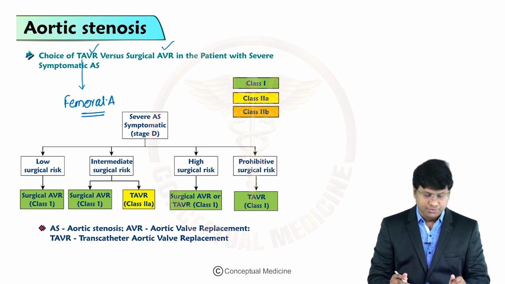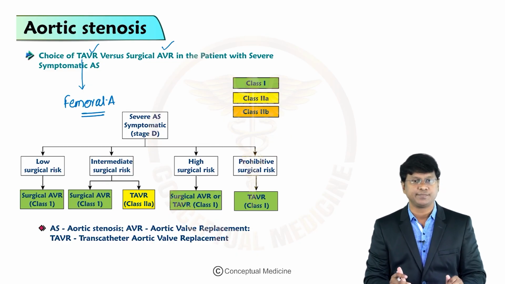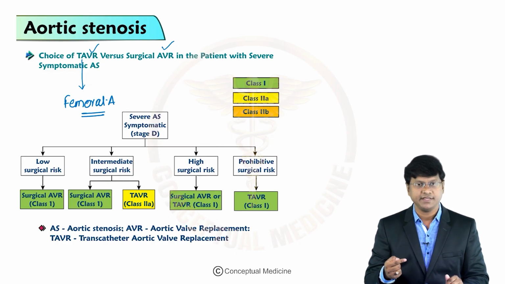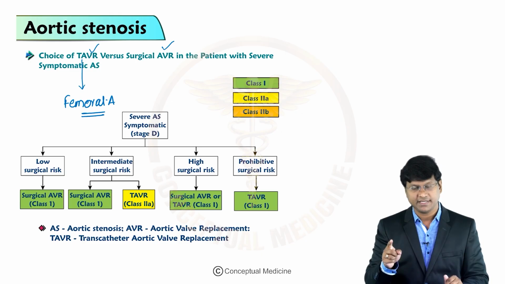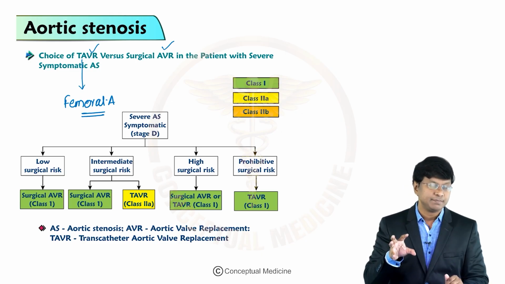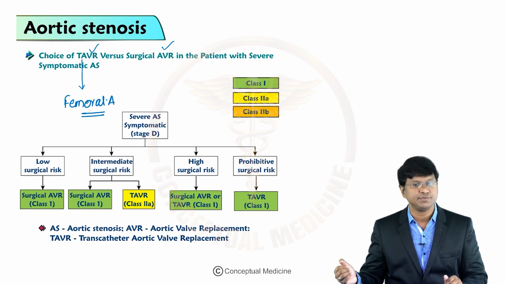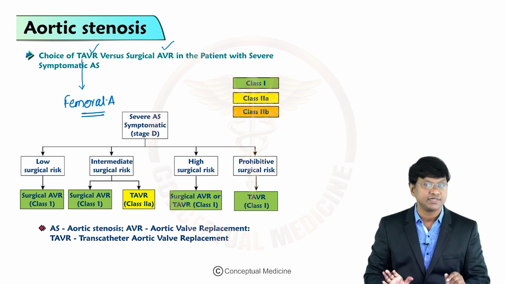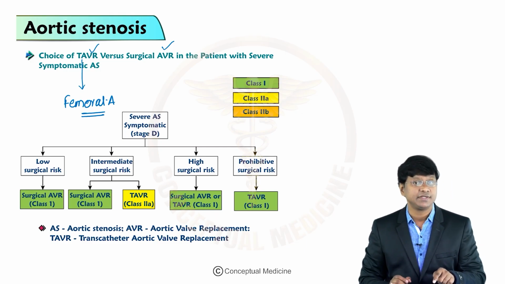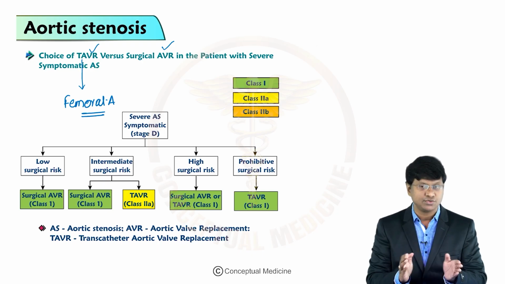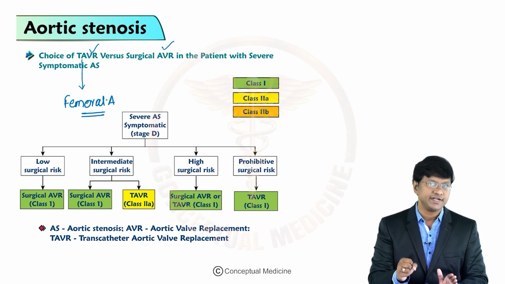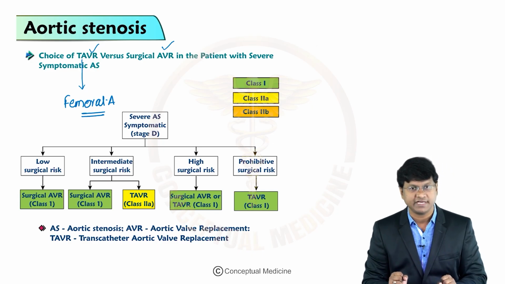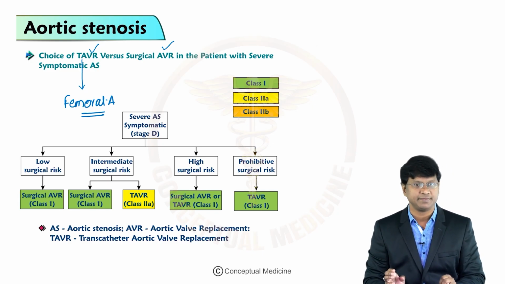Through the femoral artery, the valve is passed and we reach the level of the aortic valve, the valve is placed, and then the catheter is removed through the femoral artery. That will be your TAVR. Whereas surgical aortic valve replacement is where we cut open the chest, reach the aortic valve, take out the calcified or degenerated aortic valve and place a prosthetic valve. That will be your surgical aortic valve replacement.